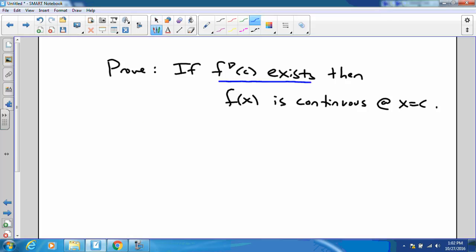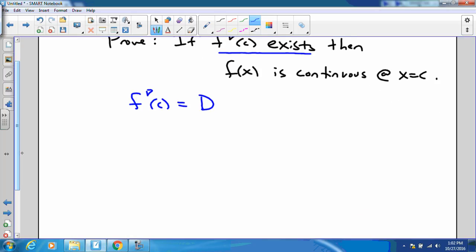The way that we're going to express f prime of c exists in math is to give it a value. So we're going to start with the fact that f prime of c is equal to some value. Let's call that value d. And what we're going to try to do is to take this fact that f prime of c is equal to d and work it down to eventually the statement that f is continuous at x equals c.